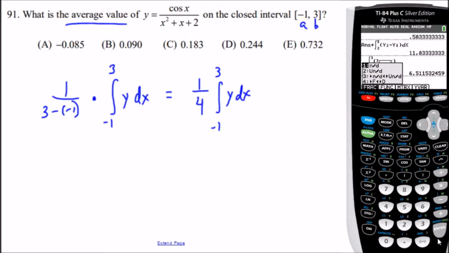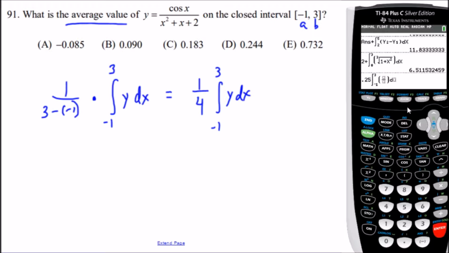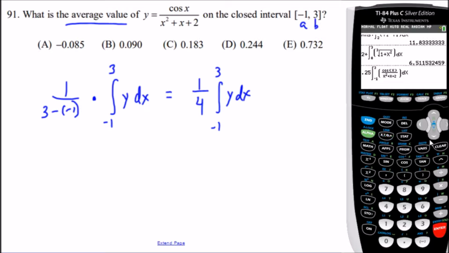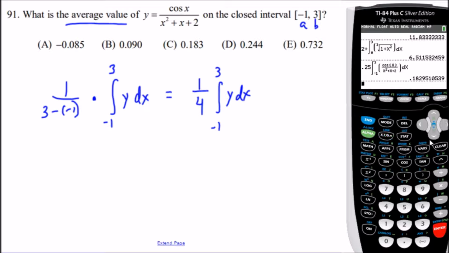If you press alpha y equals enter, it pulls up a blank fraction, and we got cosine x in the numerator, and then we got x squared plus x plus 2 in the denominator. So we'll just type that in, and then just scroll to the right and put an x, so it says dx in the integral. Now when you hit enter, it should give us our answer, which is 0.183. So we got 0.183 for question 91, and that corresponds to choice C.